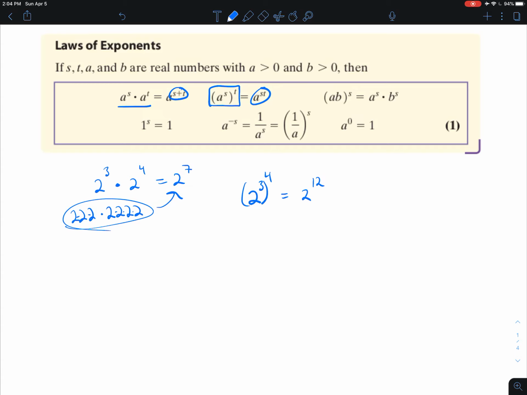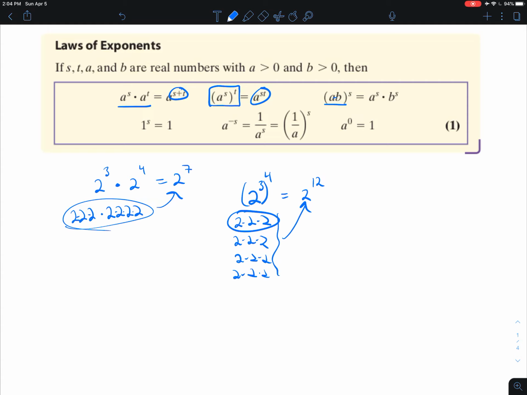Because you would have 2 times 2 times 2, which is 2 cubed, and you need that multiplied 4 more times. 2 times 2 times 2, 2 times 2 times 2, 2 times 2 times 2. There they all are, and all together 2 to the 12th.